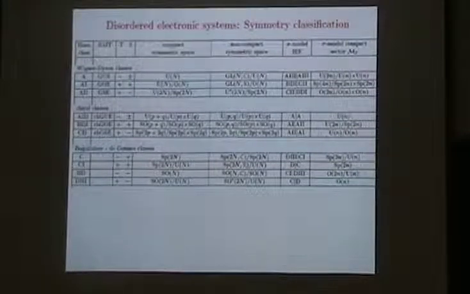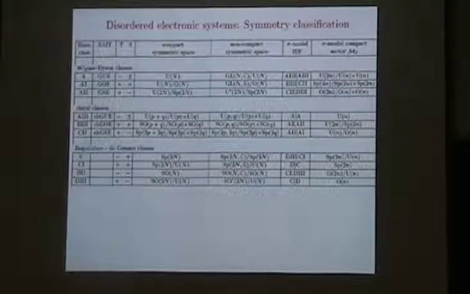From the point of view of the Hamiltonian, the corresponding symmetric space is just the group U(N). This is because the Hamiltonian is just a Hermitian matrix, and Hermitian matrices, if you multiply by i, you get anti-Hermitian matrices, and they form the Lie algebra of U(N).